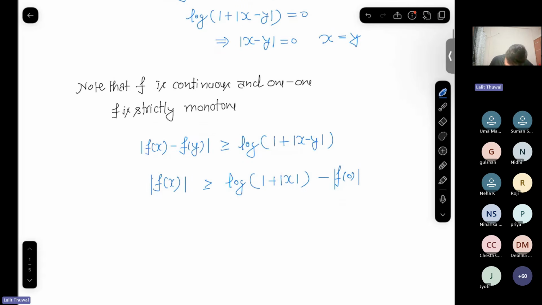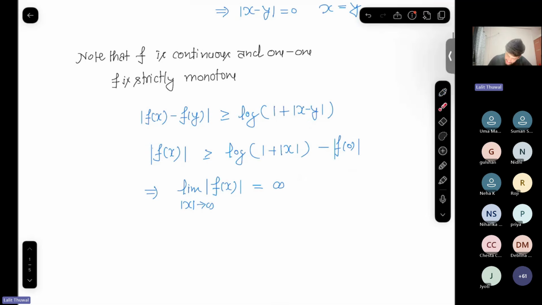So now see, this implies the limit as mod x tends to infinity of mod f(x) is, you tell, anyone? That's easy to see. Please tell me. In this way, I know that you are engaged. It will be infinity, right? So that means the limit as x tends to infinity of f(x) will be infinity or minus infinity.